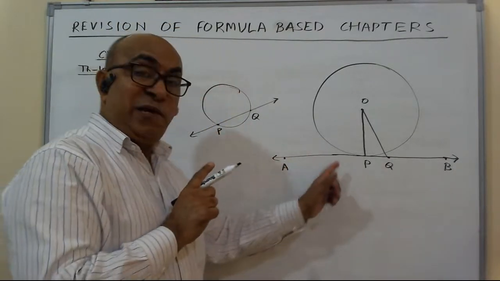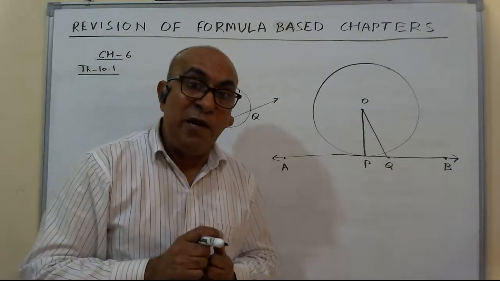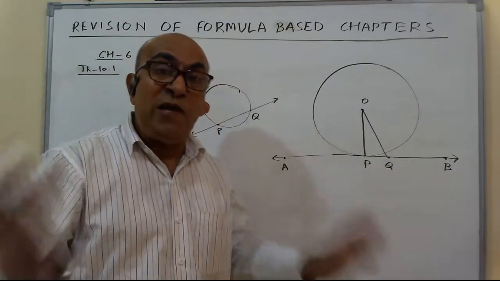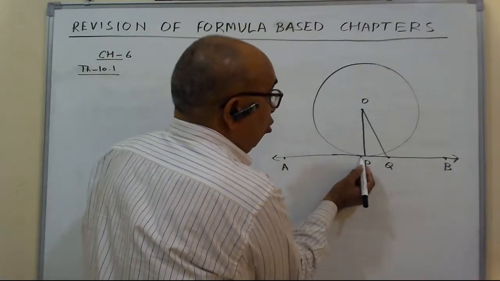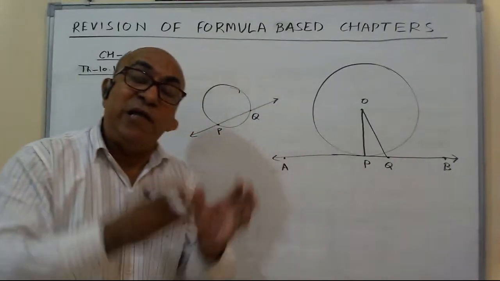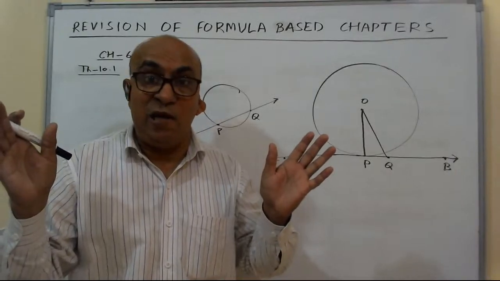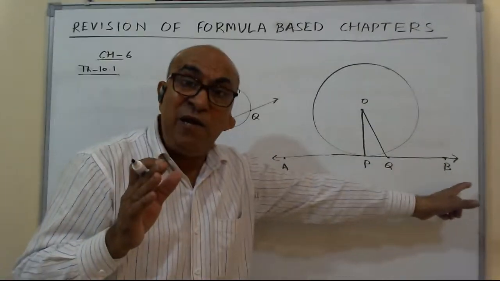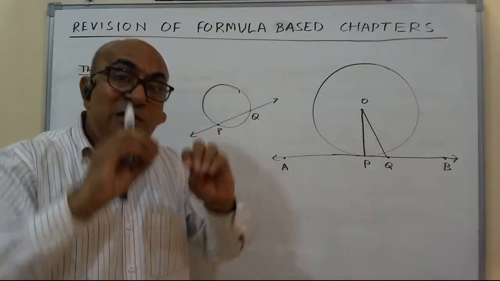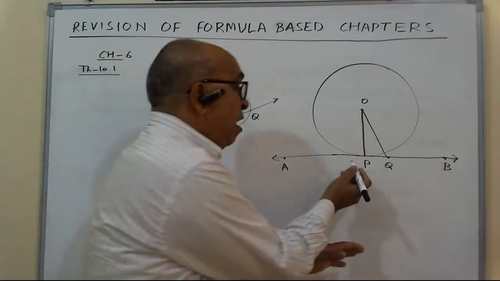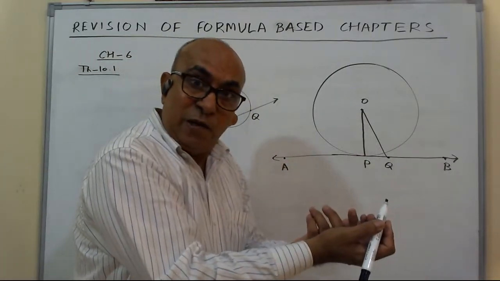So the other points except the point of contact, the remaining points on the tangent, will be outside the circle. You take any point very close to P, that must be outside the circle. If AB is a tangent, any point on AB except P will be outside the circle, right?